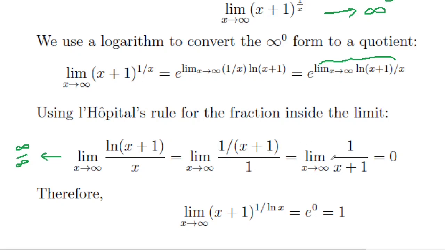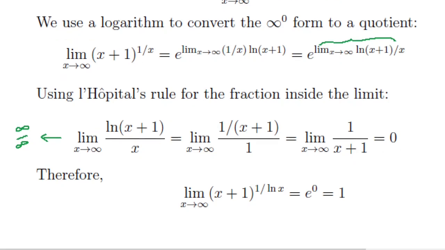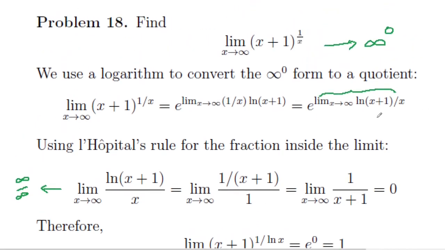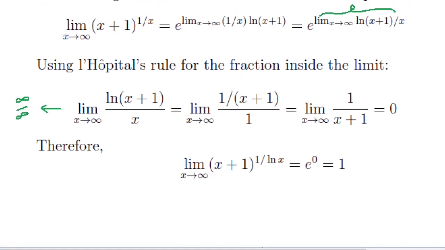And if I write this up in the simpler form, notice that as x goes to infinity, the denominator blows up and 1 over that goes to 0. And since that's this limit over here, this is 0, which means that the answer is e to the 0 or 1.